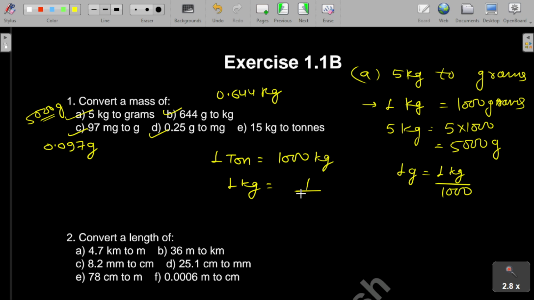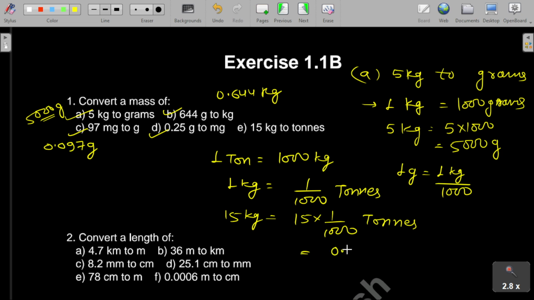So 15 kg equal to 15 into 1 upon 1000 tons, which is 0.015 tons.